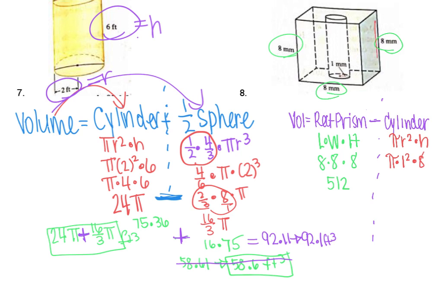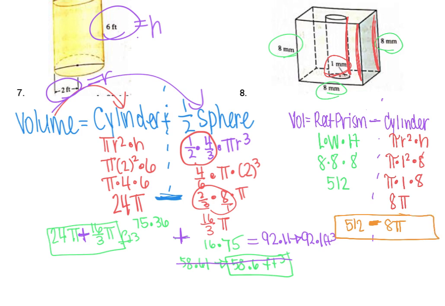Because if my height here is 8, my height here is also 8. 1 is the radius because I see that right in the middle and it's only half. So I have pi times 1, because 1 squared is 1, times 8, which really gives me 8 pi. So again, my answer could be 512 minus 8 pi, and I'm good with that, millimeters cubed.